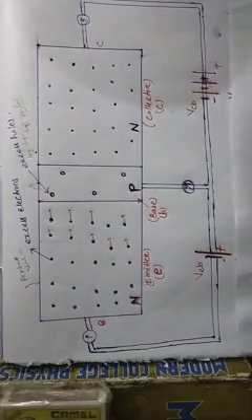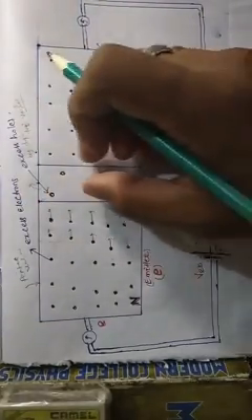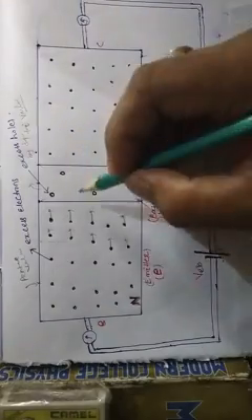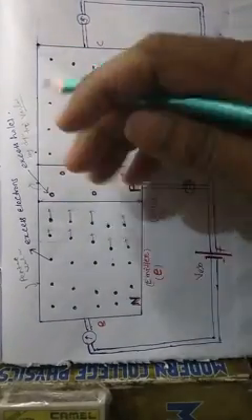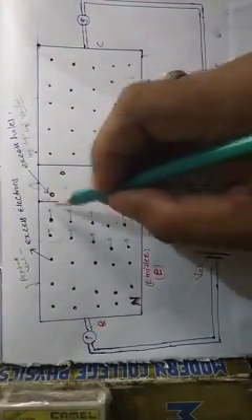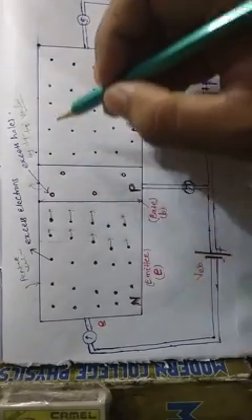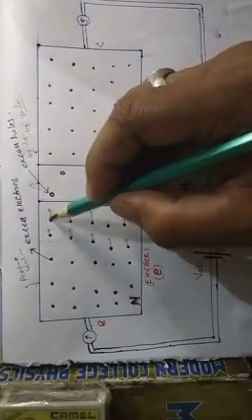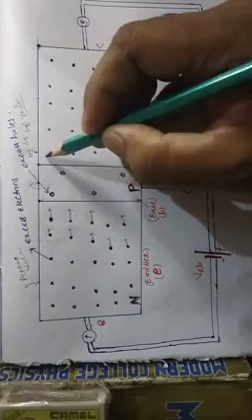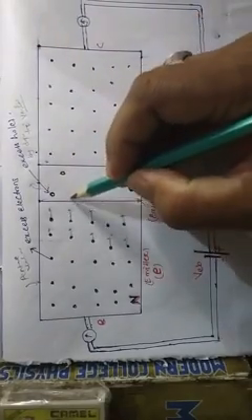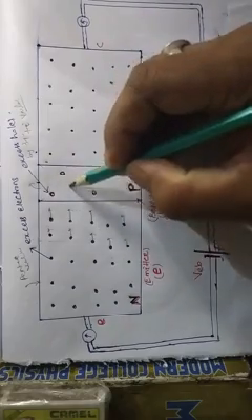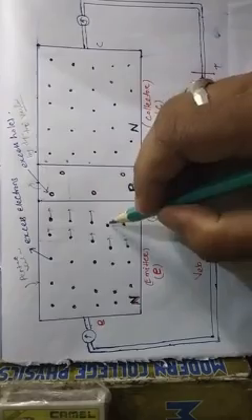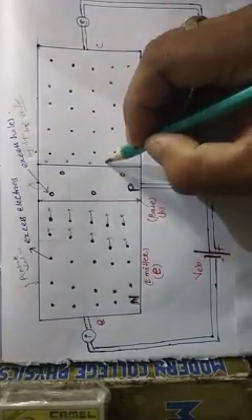As our base is very thin, the repelled electrons will be injected into this region and will reach the collector region. This electron will be transmitted and will reach here.